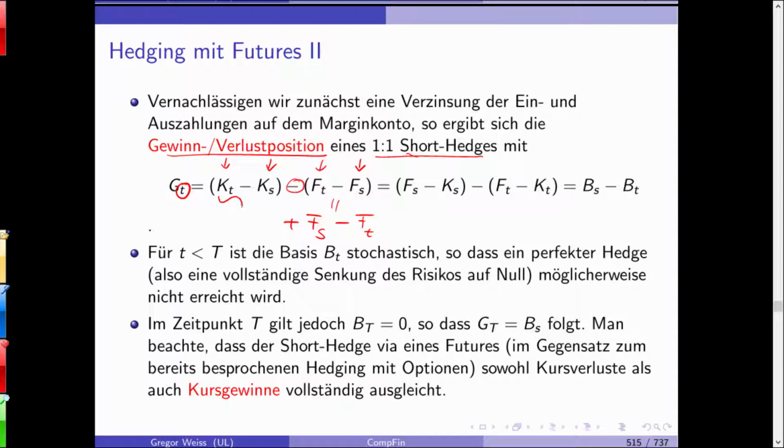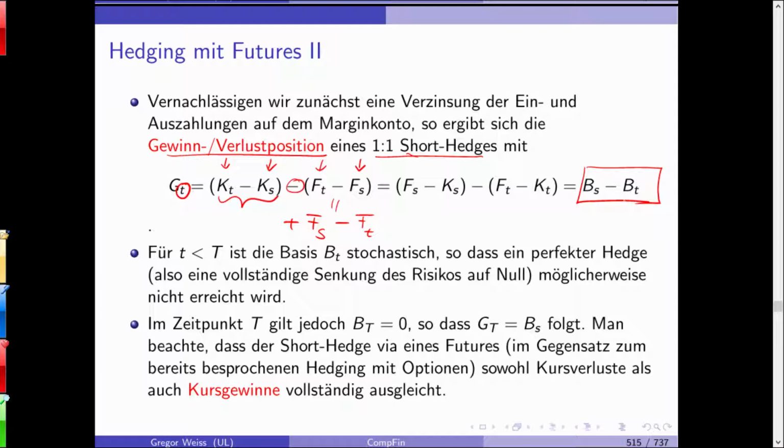And if you look at this, you will see that if we slightly rearrange it, we get F_S minus K_S minus F_T minus K_T, and this shows you that the profit and loss of this hedged position is the difference of the basis. So the basis in S minus the basis in T.